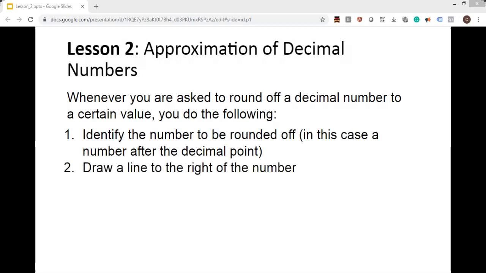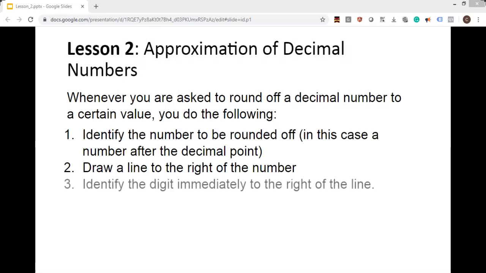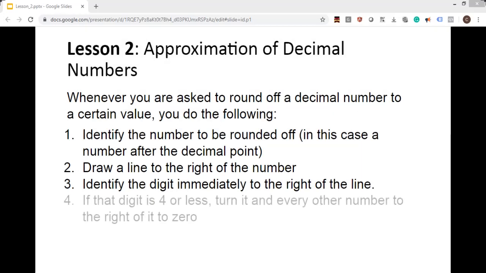Second, draw a line to the right of the number. Identify the digit immediately to the right of the line. If that digit is 4 or less, turn it and every other number to the right of it to 0.